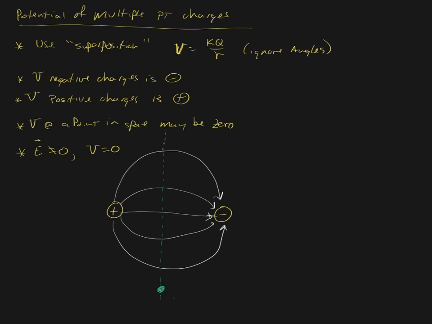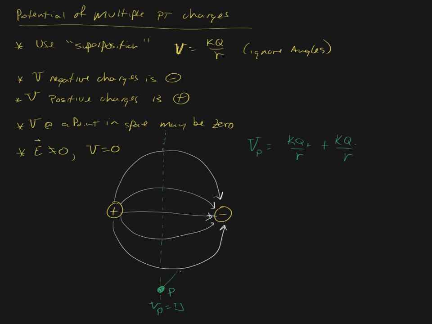If I want to know the total potential at that point, let's call that point P. So the potential at P, what is that equal to? Then we're going to use KQ over R for each one of these charges. So the potential at point P is equal to KQ positive over R plus KQ negative over R.